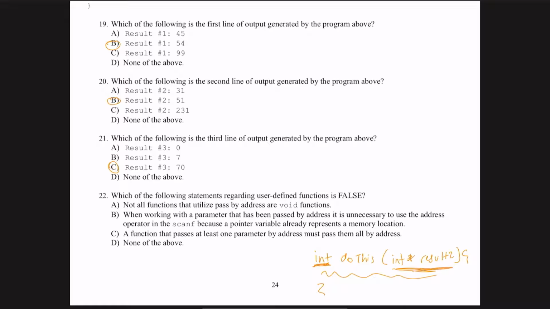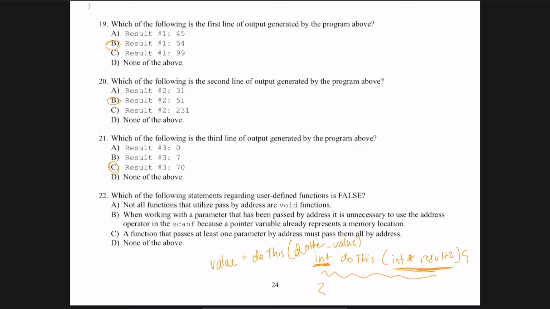So remember, if we call this function, our call might look like this. Let's say value equals, do this. Let's pretend that other value is an integer. When we call the function, we're going to call it with the address of other value.